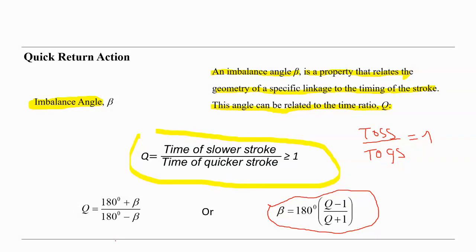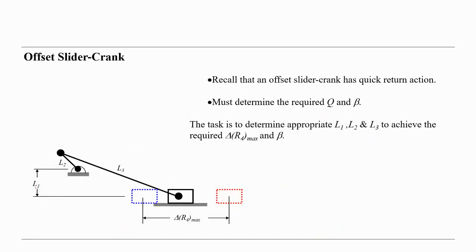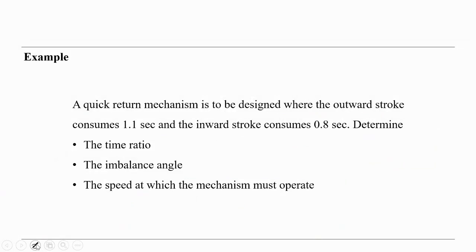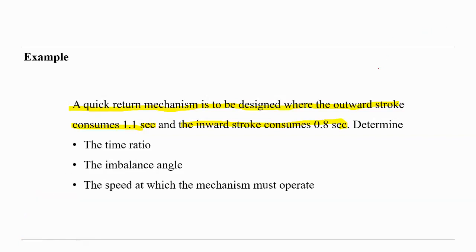So what does that mean for us? Let's have an example. A quick return mechanism is to be designed where the outward stroke consumes 1.1 seconds and the inward stroke consumes 0.8 seconds. Outward and inward mean advance and return.